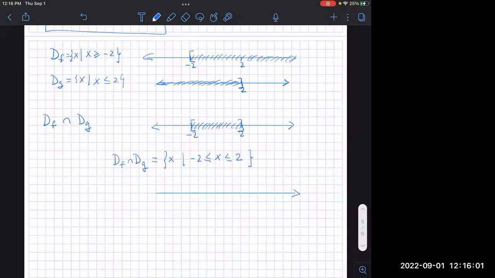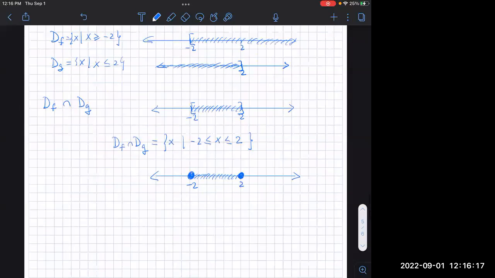It means that the endpoints are included. Would it matter if we used a circle, because that's what I was taught growing up? That's fine. I'm doing the bracket because the book does the bracket. These are the same. If they are not included, if it's a parenthesis, then it's an open circle. Yes, that's exactly correct.